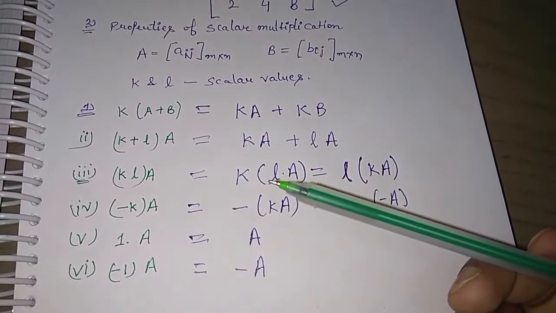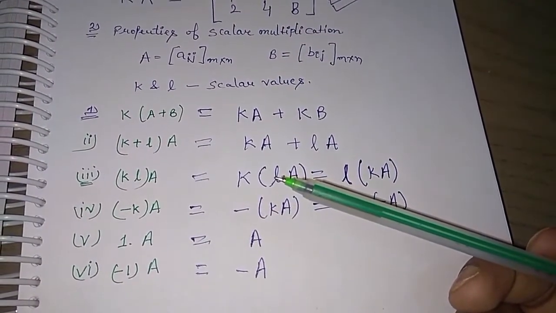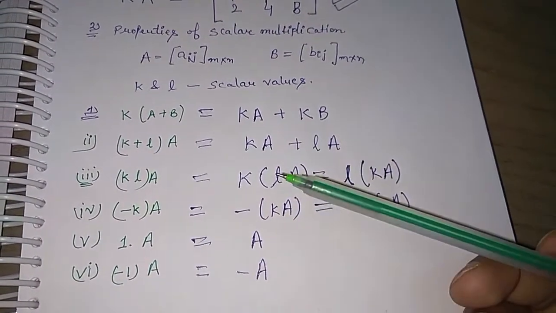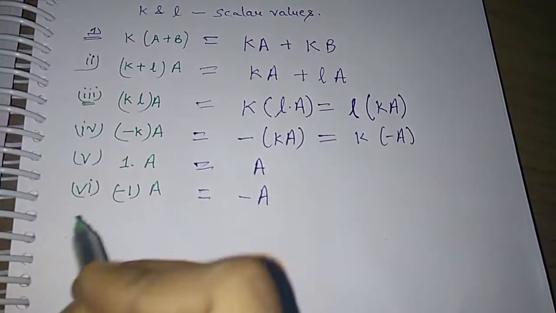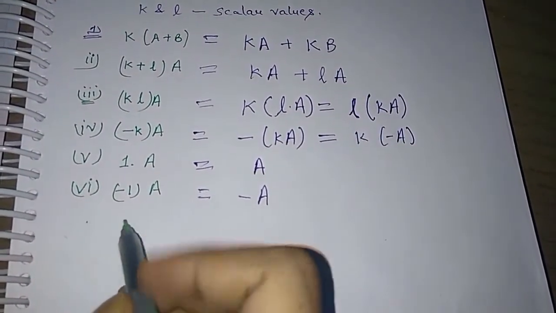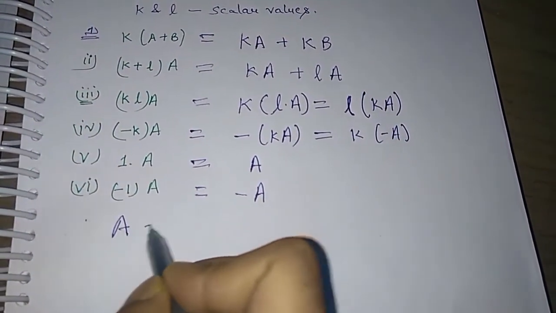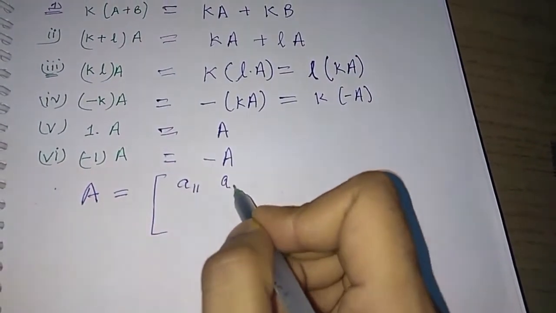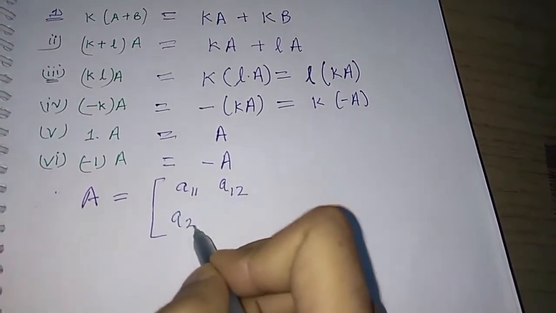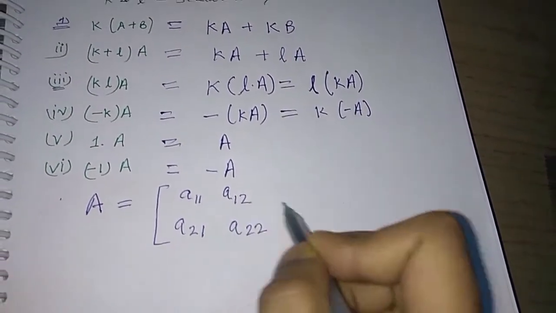Next we are going to learn about matrix multiplication. So let's go further now. For matrix multiplication, let's make a matrix A with values A11, A12, A21, A22.